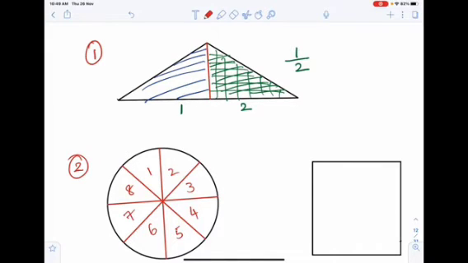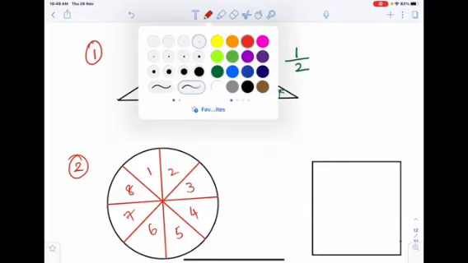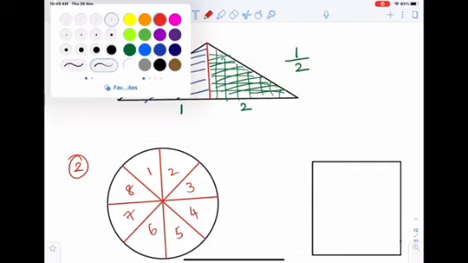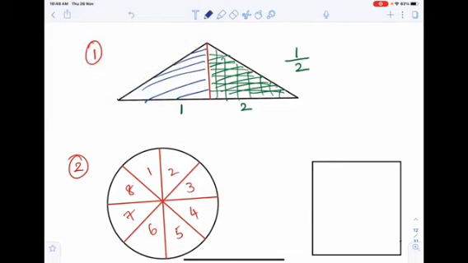So out of this, for example, if I am considering one part, then I would be representing it as 1 by 8. 1 part out of 8. Understood, children?